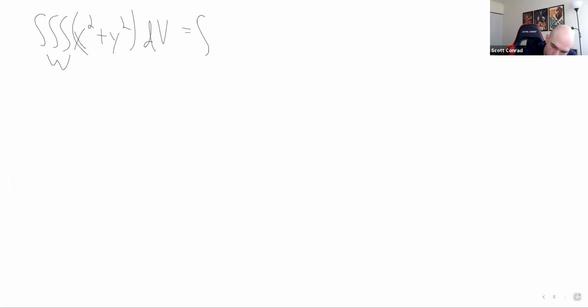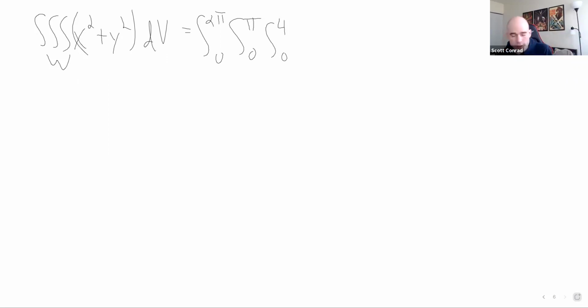Okay, so I'm just going to set up the integral here. We're integrating x squared plus y squared with respect to volume. So we said theta goes from 0 to 2 pi, phi goes from 0 to pi, and rho goes from 0 to 4.